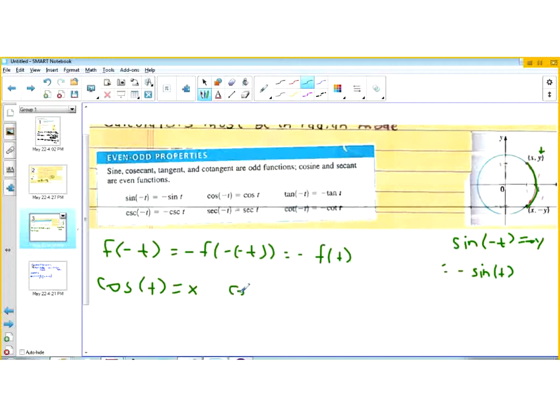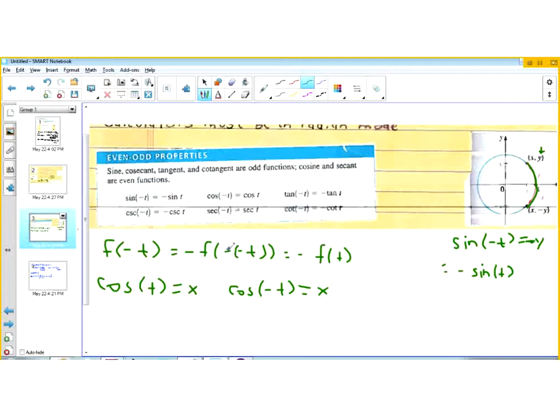Okay, so the cosine of negative t, based on this illustration, is also x. Okay, so that implies that the cosine function is an even function.